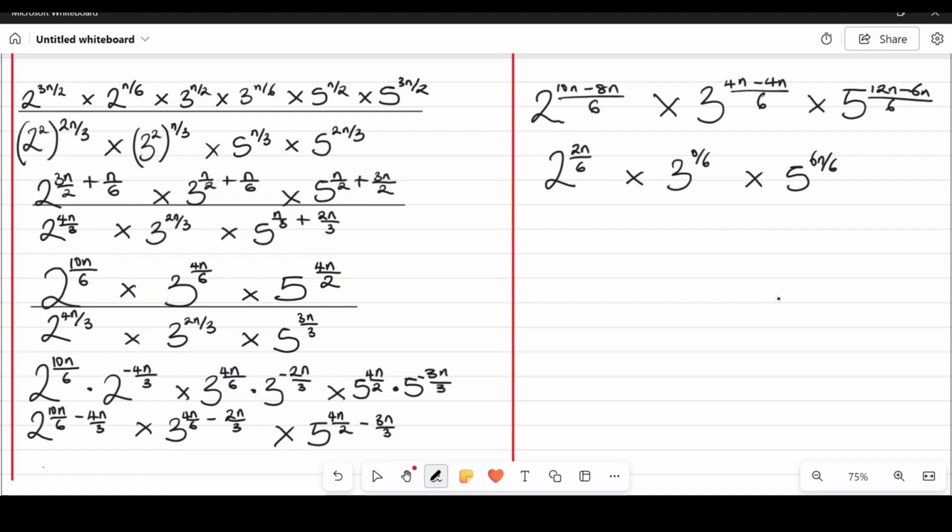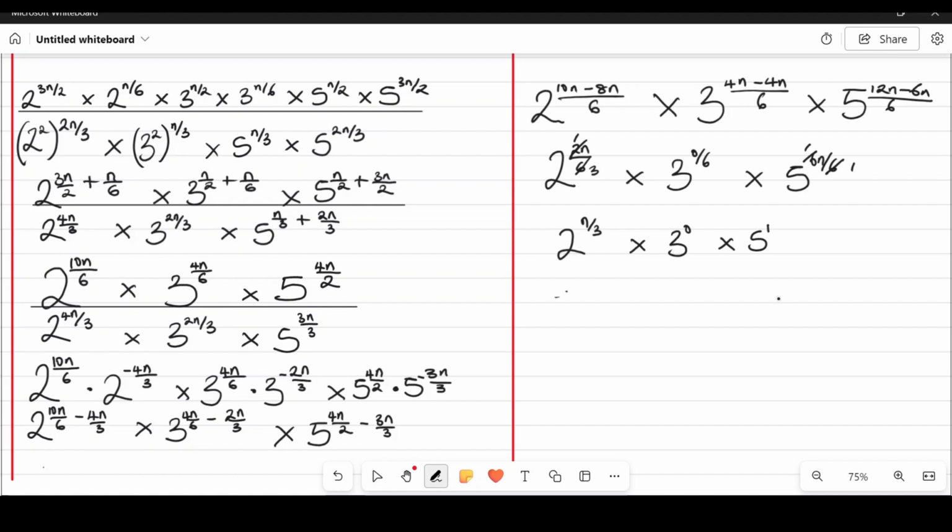Now, if we simplify our index, 2 divided by itself is 1, 2 divided by 6 is 3, 0 divided by 6 will give us a value of 0, 6 divided by itself is 1, 6 divided by 6 is 1. So therefore our expression becomes 2 raised to the power of n divided by 3, times 3 raised to the power of 0, times 5 raised to the power of 1.